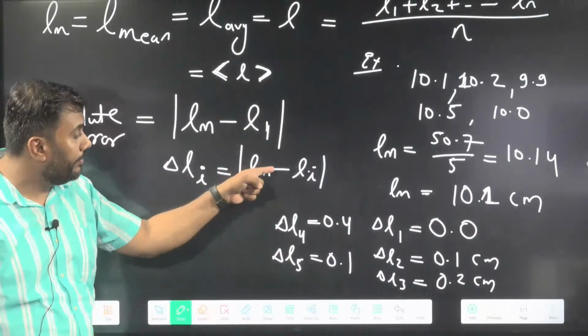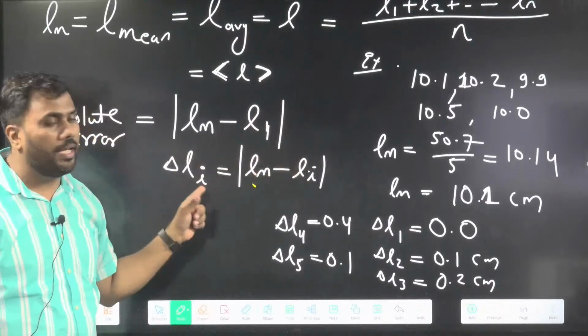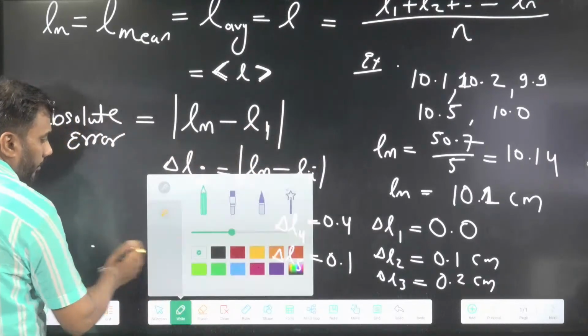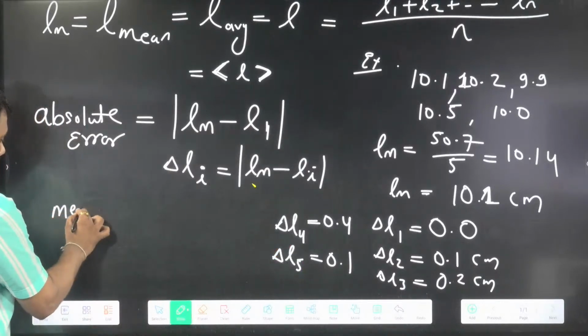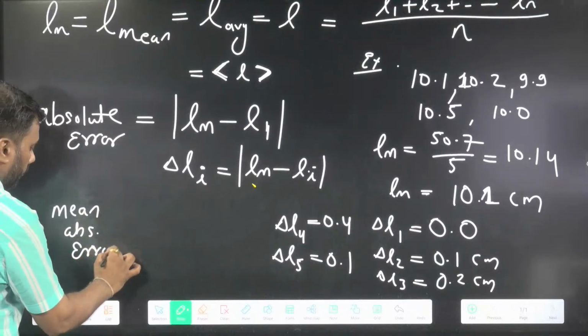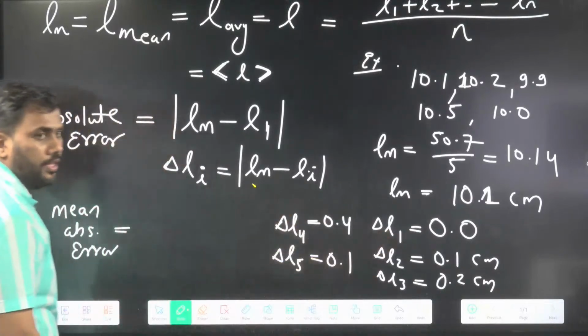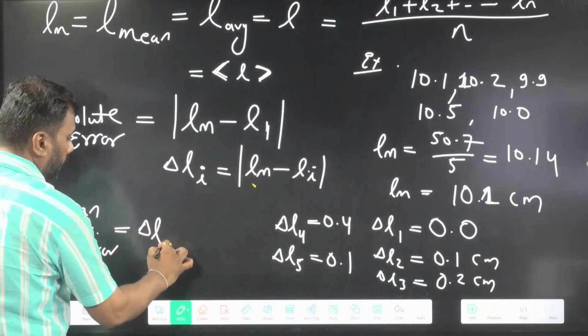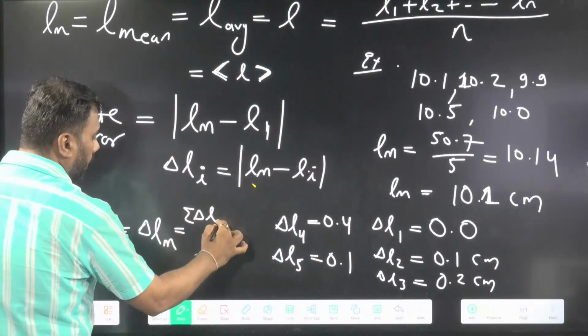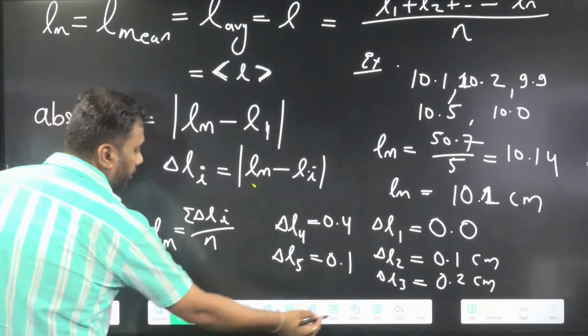By subtracting the mean value from the reading and taking the magnitude. Then the error in the physical quantity will be the mean absolute error. It's the mean of these absolute errors. It is represented by delta L mean, that is the summation of all the absolute errors divided by the total number of samples.